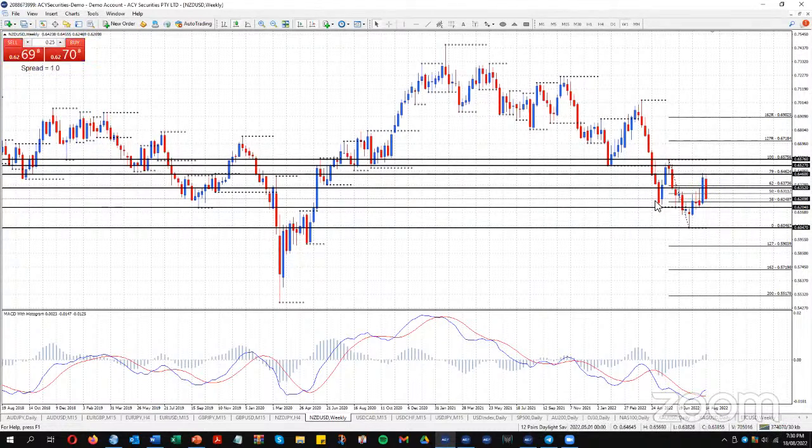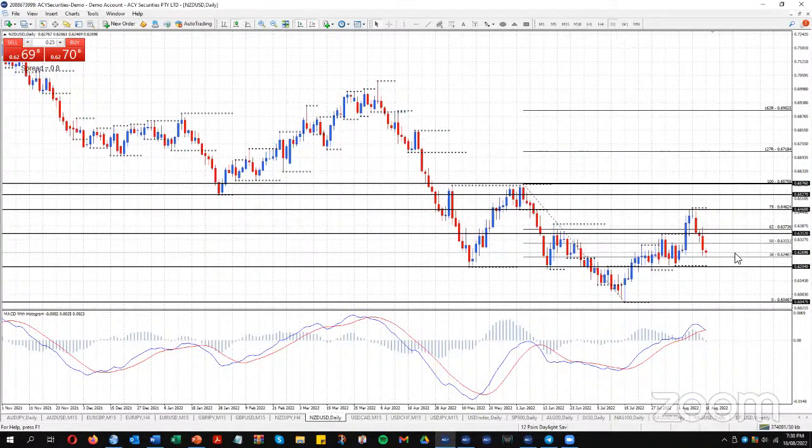Next key level of support is monthly support at 62.04. At 62.04, there's a few little daily chart levels of support, but the main level is 62.04. That's the next big barrier. If you want to get in this pair to the downside with this potential lower top forming here on the weekly, you want to get in ahead of 62.04 and be risk-free in case 62.04 doesn't want to break.